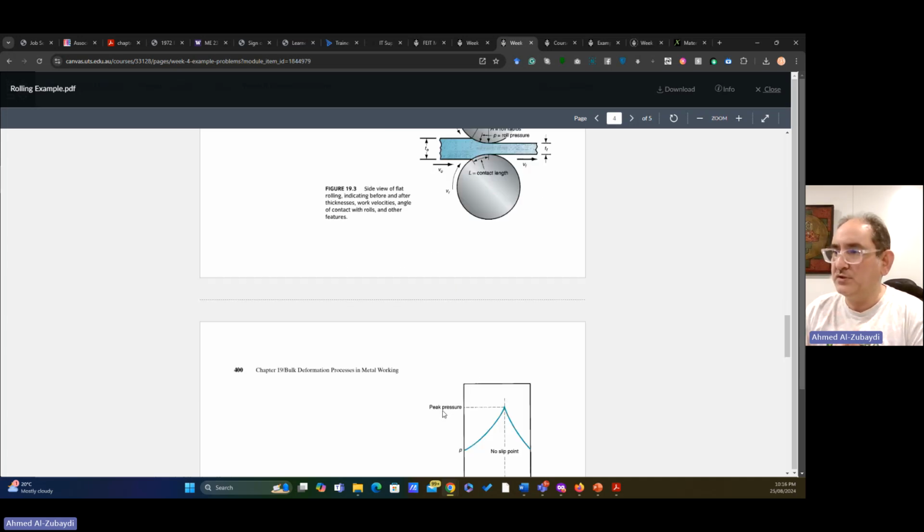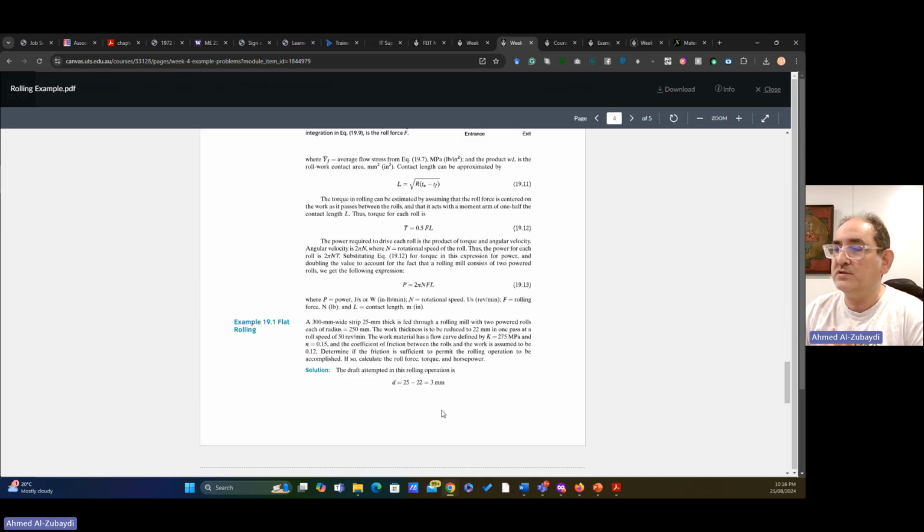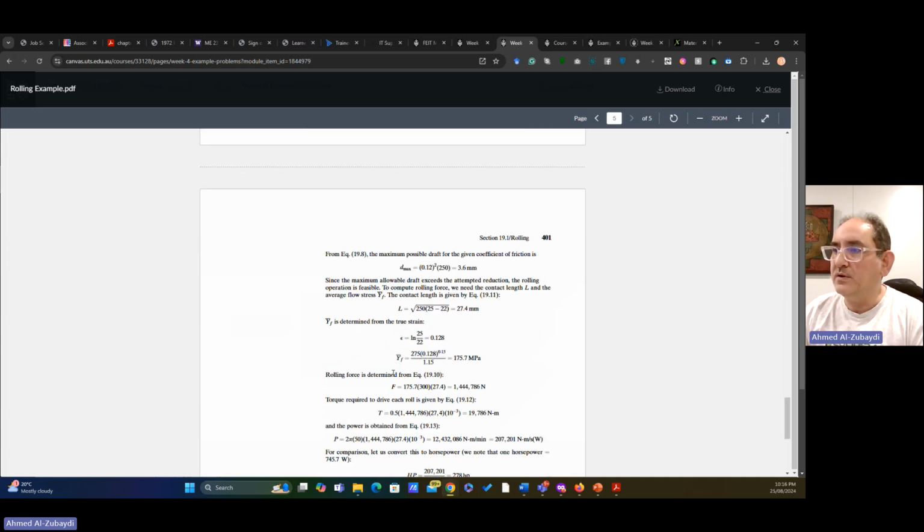To find the force, I should give you the value for YF, which is the flow stress, the value for L, and the value for the width. So you just need to apply one step or maximum 2 steps.